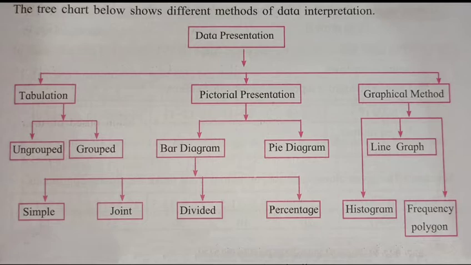All this we have studied in the previous classes. And pie diagram, we'll see after the histogram and frequency polygon. Then the graphical method consists of the histogram, line graph and frequency polygon. Okay?